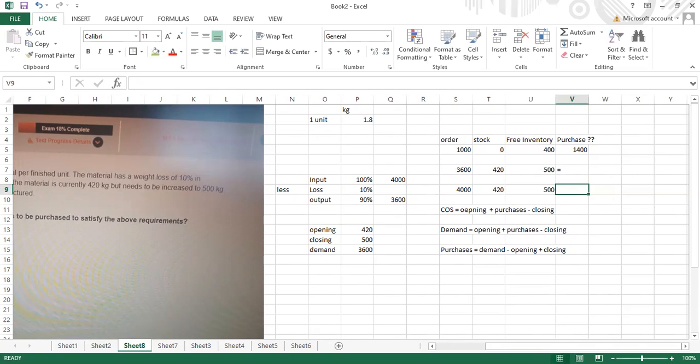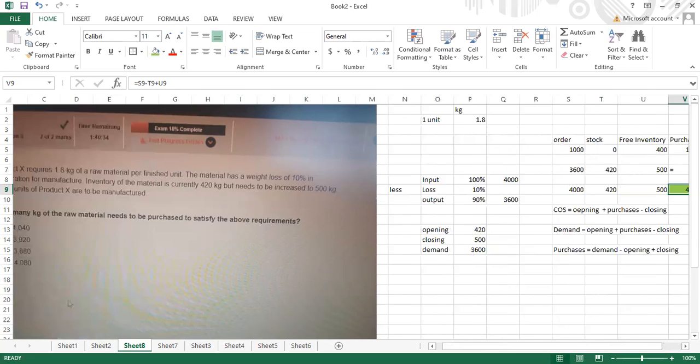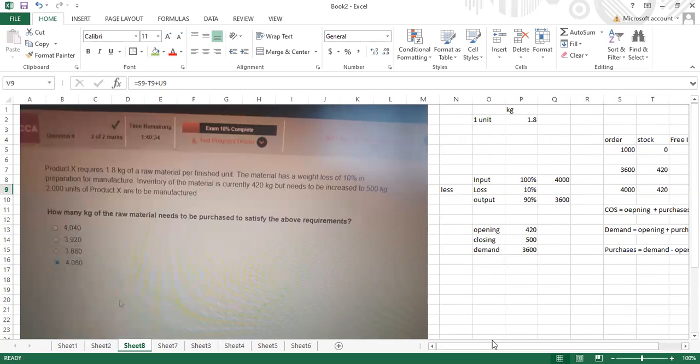And according to our formula, your demand minus your opening, which I wrote as stock, and then your free inventory you would add. So 4080 is the right answer. And do we have this answer? Yes, D is the right answer.